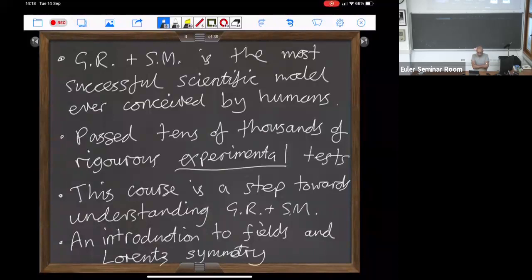Now, this particular course, Lorentz invariant classical field theory, is a step towards understanding GR plus the standard model. Really, it's an introduction to what fields are, how to work with fields, and Lorentz symmetry.